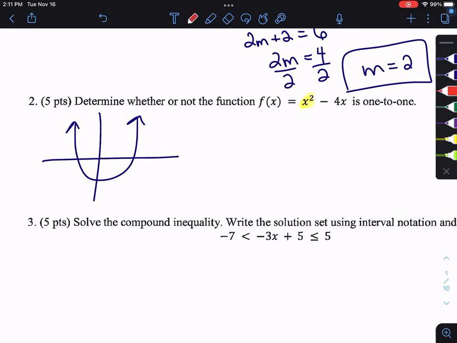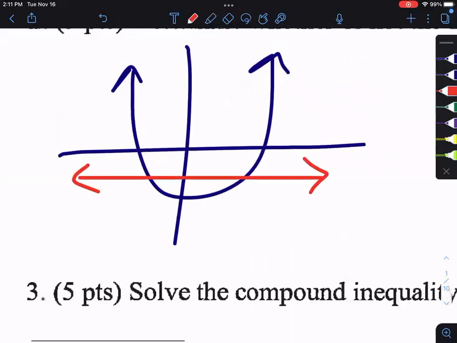And anytime you have a parabola, for it to be 1-to-1, it must pass the horizontal and the vertical line test. So if I draw in vertical lines here, I can draw in as many as I want, and I'm only going to get it to cross through my graph one time per line. However, if I draw in this horizontal line, it would cross my parabola 2 times.